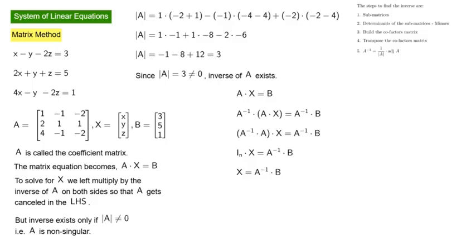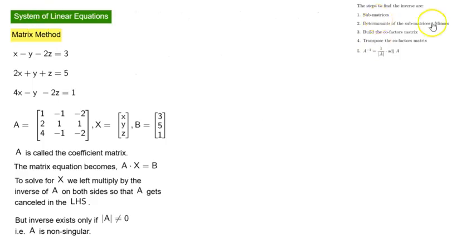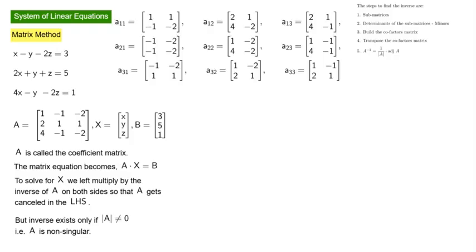So let's proceed step by step. So first step is submatrices. Remember submatrices? Start with A11, that is 1. So remove the first row, first column to which this 1 belongs. What is remaining is our submatrix. So 1, 1, minus 1, minus 2. Similarly, A12. So this row, that is the first row and the second column, we remove.